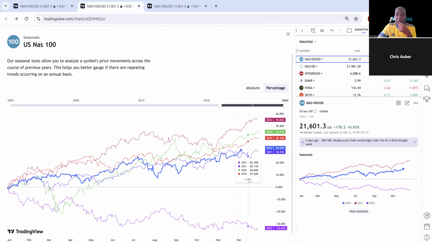However, what you would have noticed is that 2021, it was up by 28%. 2024 is actually, this is the thick blue line right here. If you notice on 2024, it's actually on target to exceed even 2023 levels. And 2023 actually was a 55.02% gain for the entire year on the market.